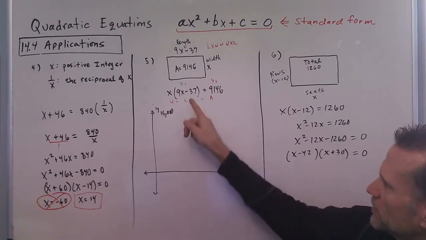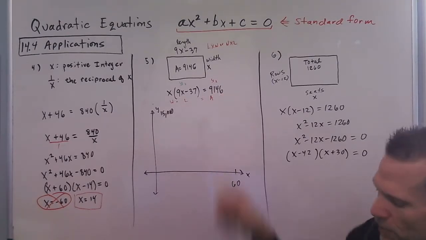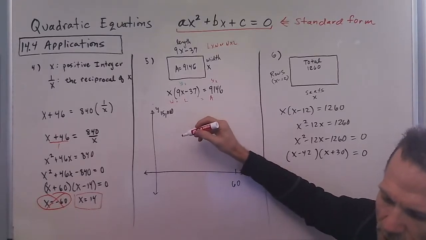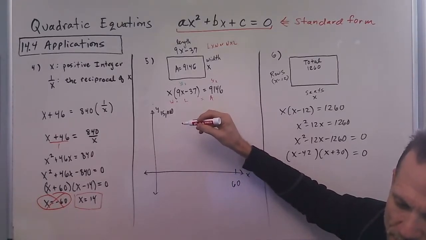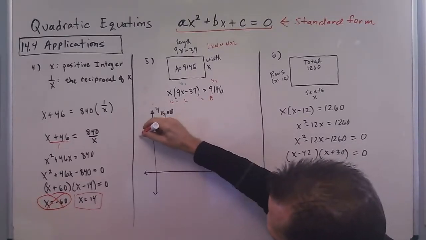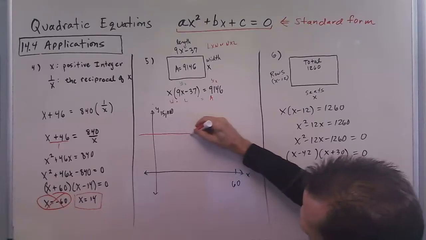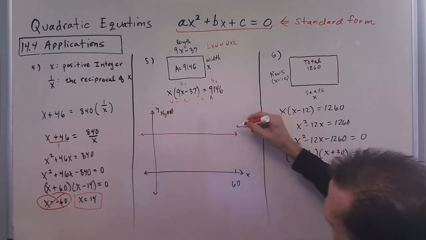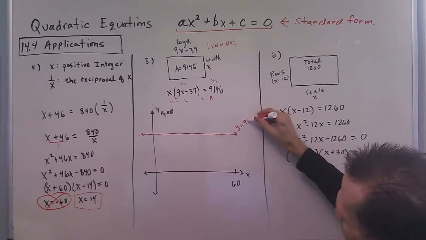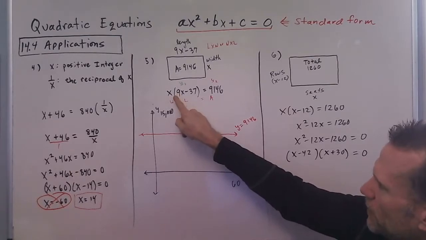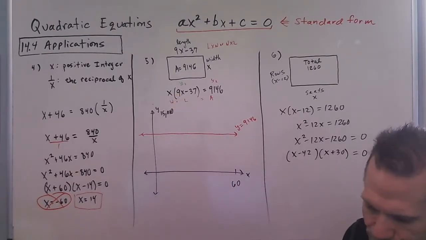So once I've let this be Y1 and this be Y2, what I'm going to see is the Y2 is going to come across here at 9,146. So we get this horizontal line that comes across right at Y equals 9,146.